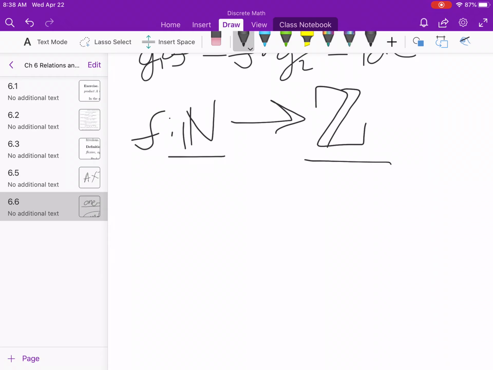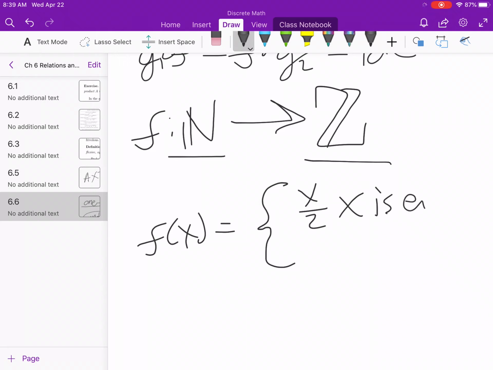What I want to do is define it such that f of x is, maybe the best curly bracket I've ever drawn on here, x over 2 if x is even, and negative x minus 1 over 2 if x is odd.